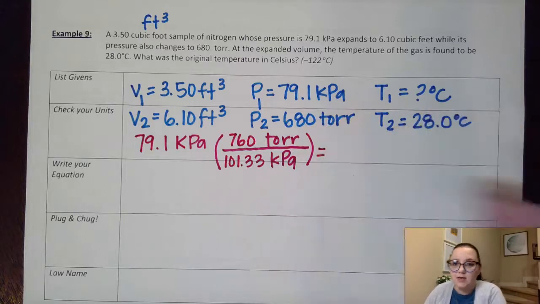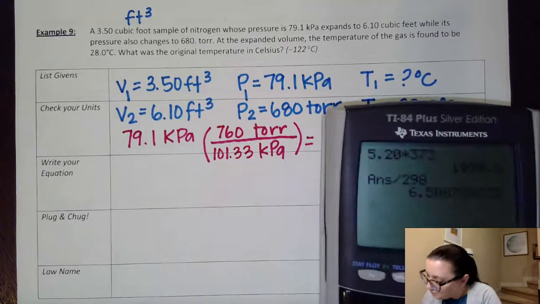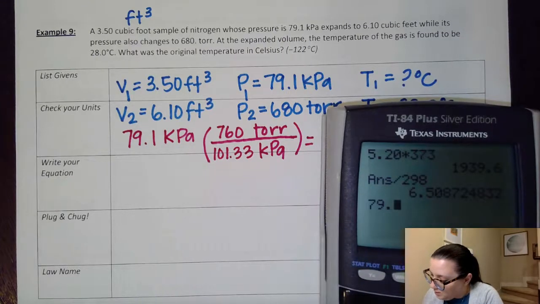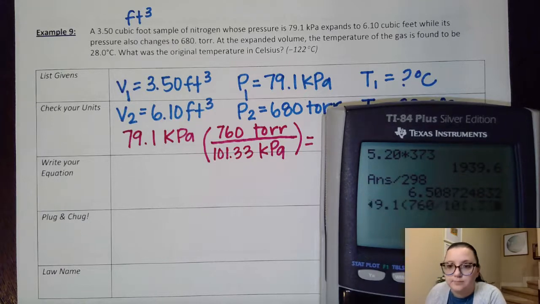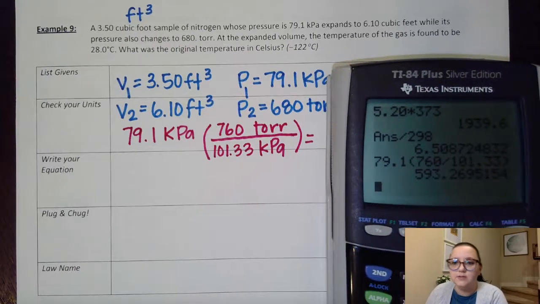And I'm going to enter that into my calculator and get myself an answer here for that portion. So 79.1, open parentheses, 760 divided by 101.33. And I see that gets 593.2695, yada, yada, yada.